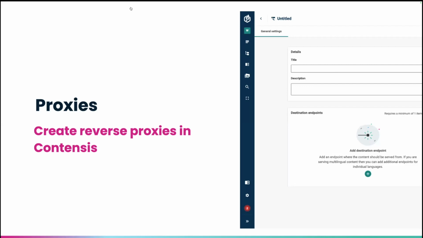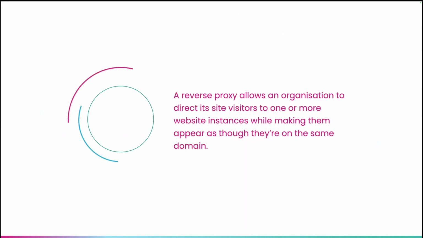And let's just dig into what on earth is a proxy, or a reverse proxy for those who don't know. Basically, it allows an organization to direct its visitors to one or more website instances while making them appear as though they're on the same domain. So what could that look like?